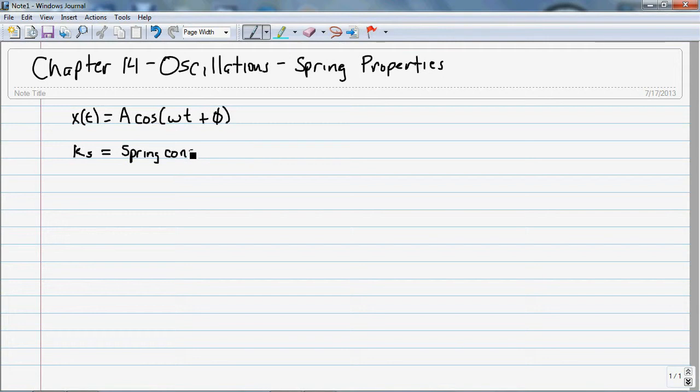Remember, it's individual to a spring based on its material density and how tight the windings are. A lot of different things go into it, but this k of the spring describes how the spring reacts to being stretched or compressed, and the units are newtons per meter.